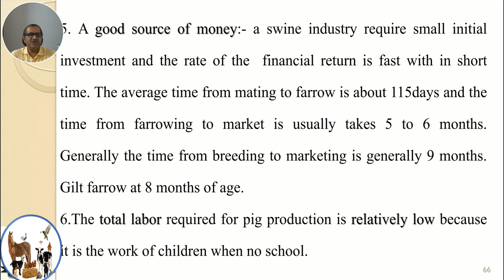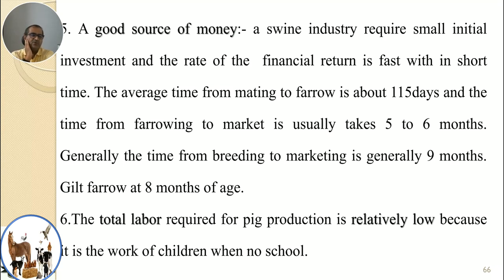The average time from mating to farrow, farrow meaning the birth of a litter of pigs, is about 115 days, and the time from farrowing to market usually takes 5 to 6 months because the piglets are born and need to grow for 5 to 6 months, then they can be easily sold. And generally, the time from breeding to marketing is a maximum of 9 months.